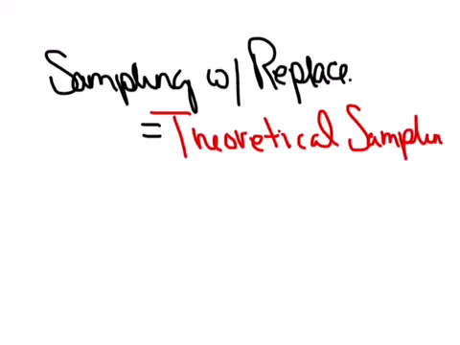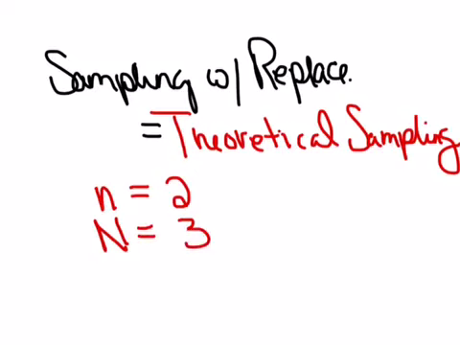So every person is going to get put back in no matter how many times you sample. It's based off of your population size and how many samples you are going to be taking from that population. Let's say we want to take a sample size of 2 from a population of 3 people.